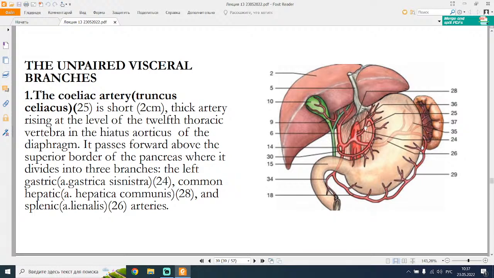The left gastric, arteria gastrica sinistra, arteria hepatica communis, and arteria lienalis.